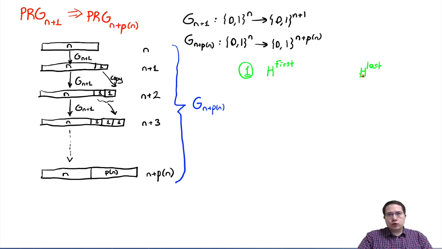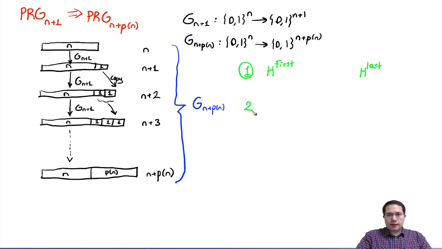These two should be the two things that need to be indistinguishable. So essentially, in a hybrid proof, our goal is to prove that this first hybrid is indistinguishable from the last hybrid. But instead of doing it at once, we will do it using hybrids.